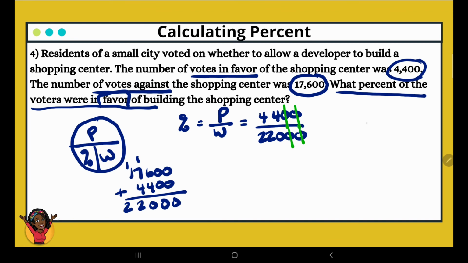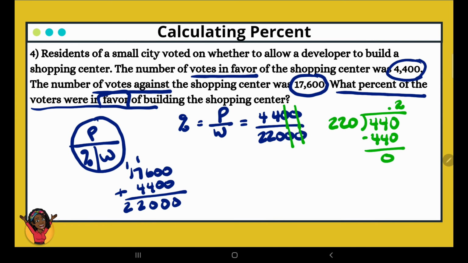So let's go ahead and set up our division. So 44 is on the inside, and then 220 is on the outside. 220 cannot go into 44, so we're going to add a decimal on top and add a 0. 220 can go into 44 twice. 2 times 220 is 440.